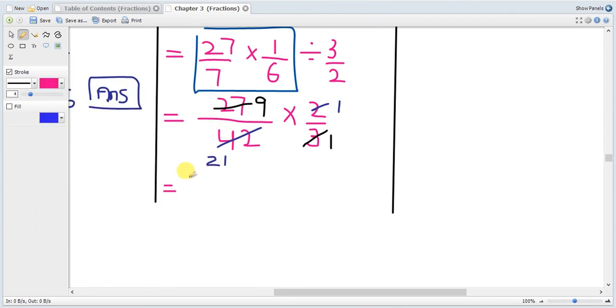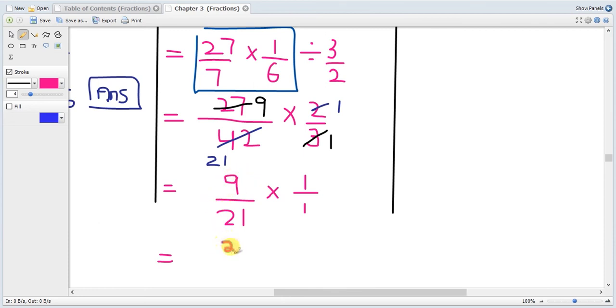Okie dokie. Now simply multiply these fractions, but first check, can this be further simplified? Yes, this can be simplified. We'll see. This can be simplified on a times table of 3, right?